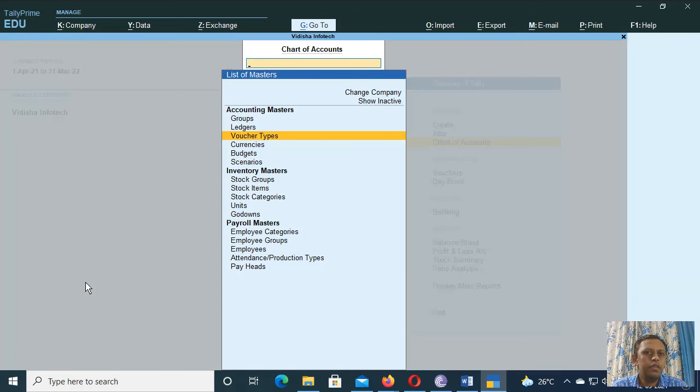So I'll skip this. Then we have inventory masters. This will be enabled once we start doing entries with it, and same here with the payroll management. It deals with our employees' salary, wages and all the other things.